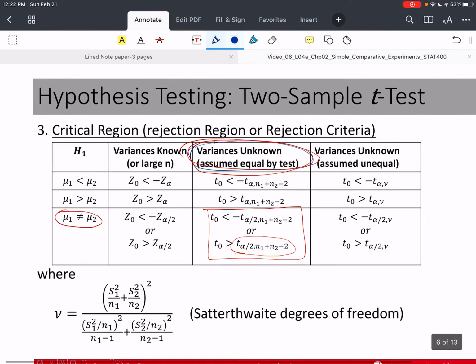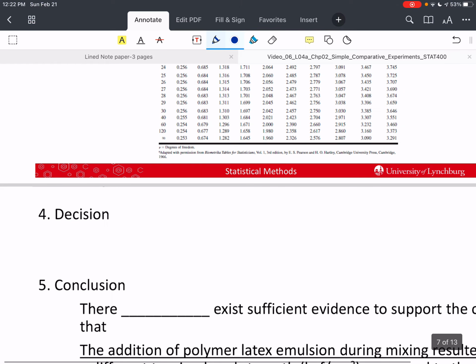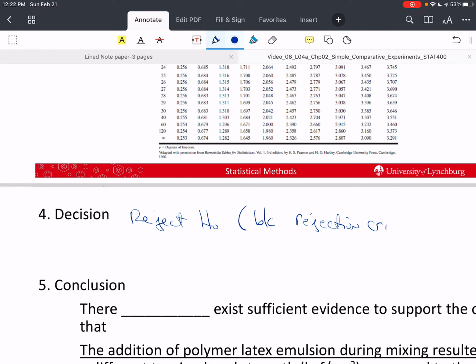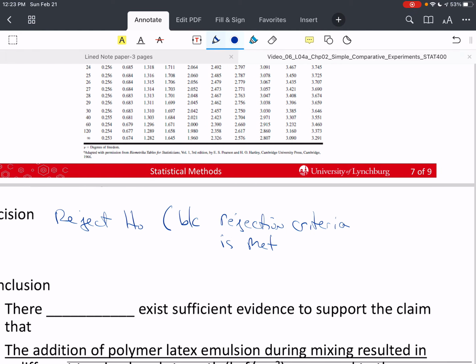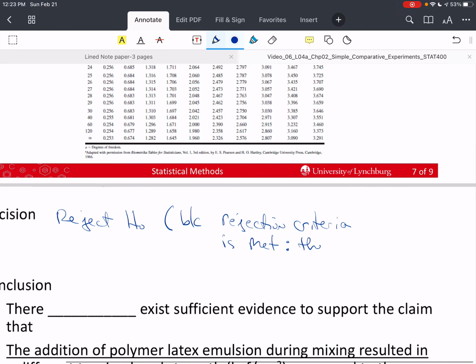And when the statement is true, our decision is to reject H naught, because the rejection criteria is met. In other words, the statement is true. Okay?